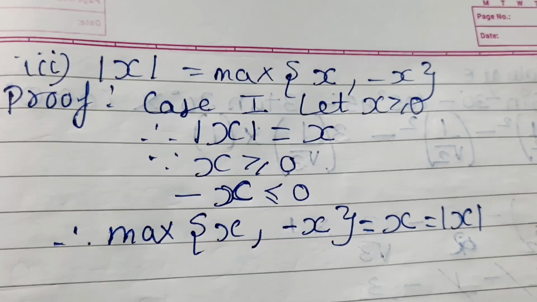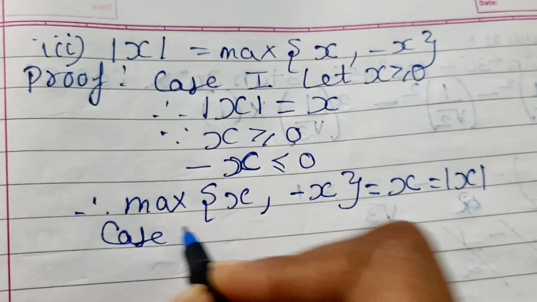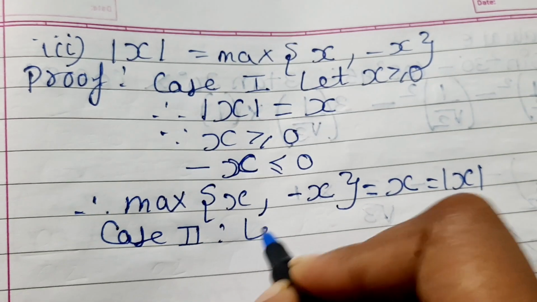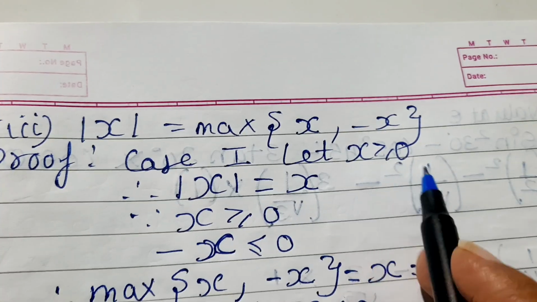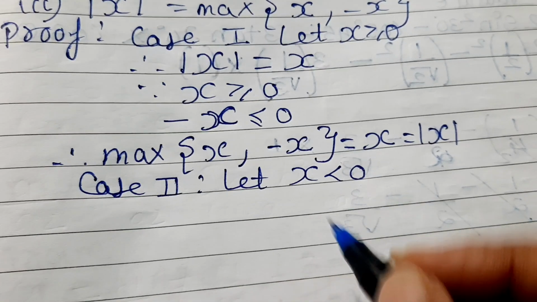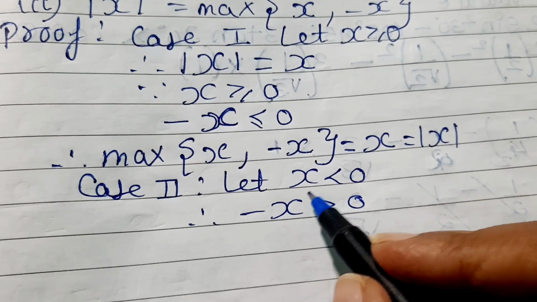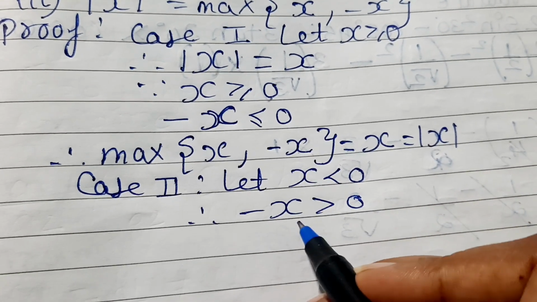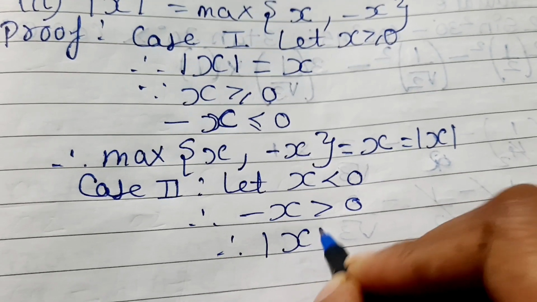Now let me take case 2. For case 2, let x be less than 0. I have taken x greater than or equal to 0 before, in the same way take x less than 0. Therefore minus x will be greater than 0. So what will be the modulus of x?